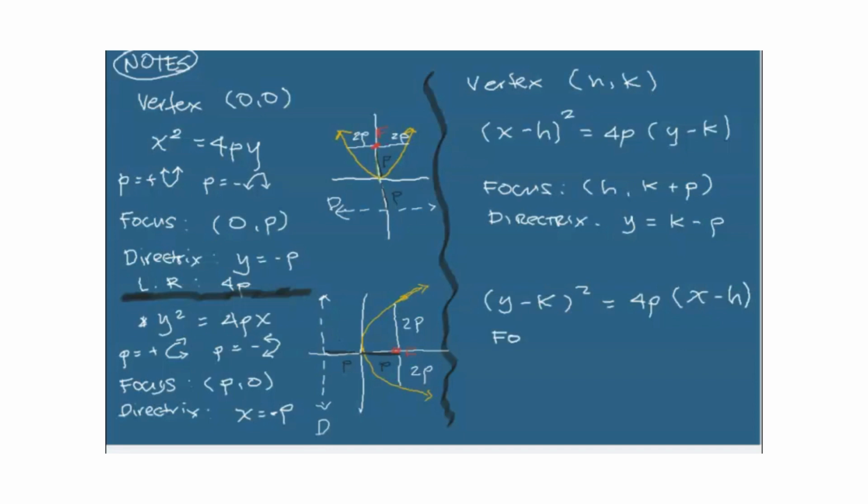And the coordinates of the focus would be at h plus p, k. And the equation of the directrix would be x is equal to h minus p.